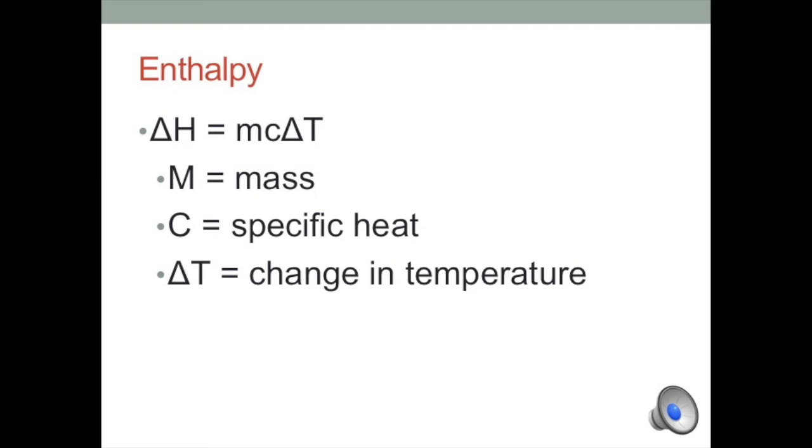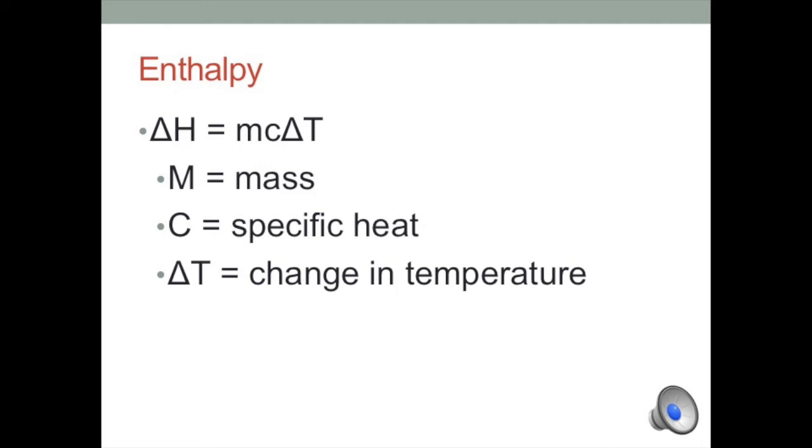And then our delta T is change in temperature. Now remember, this is usually given to us as a range. So it's not the initial temperature that you start with, and it's not the final temperature that you end up with. That delta, you've got to find the change in it. So if we were to start with 30 degrees Celsius and our temperature went up to 45 degrees, our delta T is not going to be just 45 or 30.